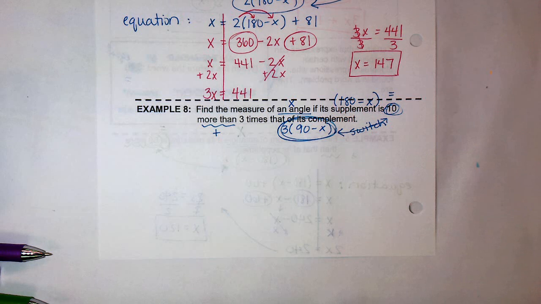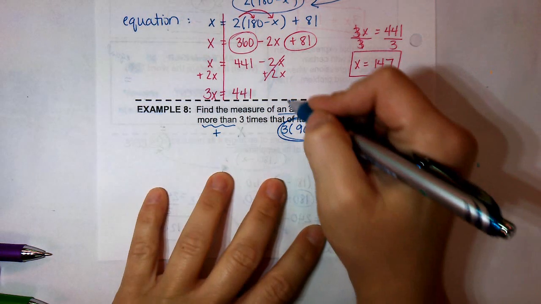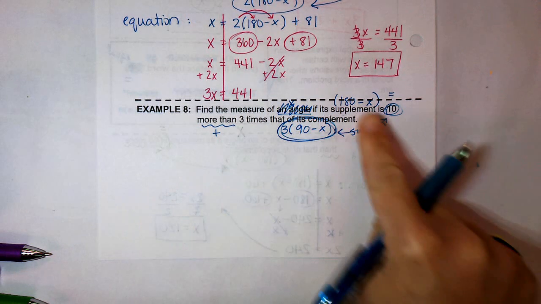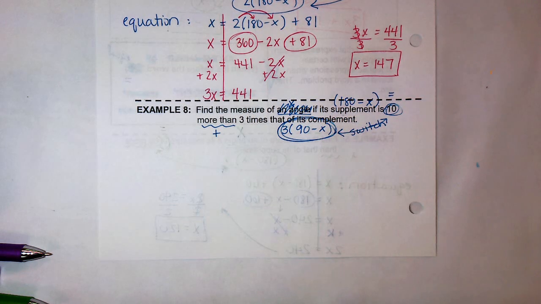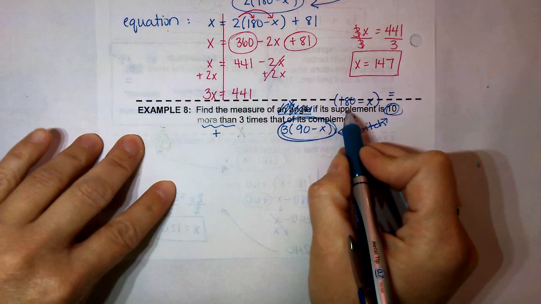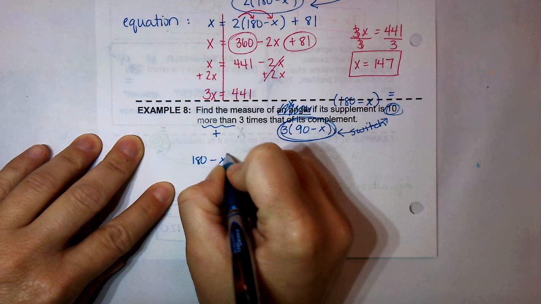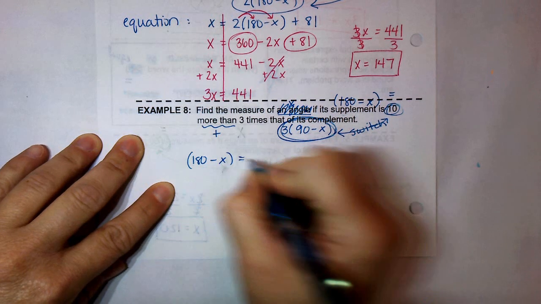Anything other than an angle, you have to scratch out the original angle. That's the only difference. So what I'm going to do is scratch this, and that no longer exists because I have the supplement before it. So I'm going to take this and do 180 minus x equals.